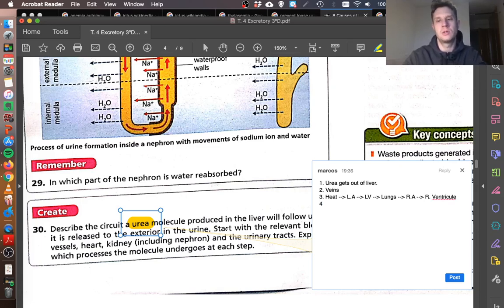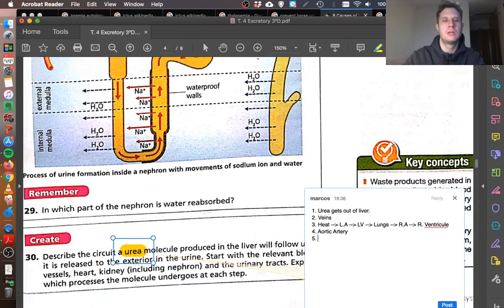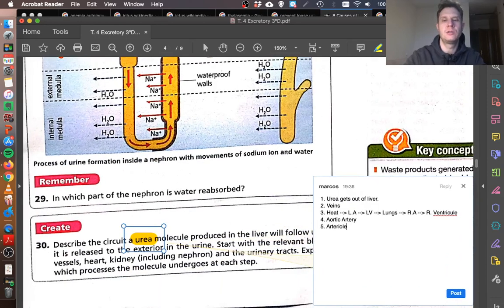Then it goes out to the aorta, the aortic artery, and then goes to the arteriole of the kidney artery.